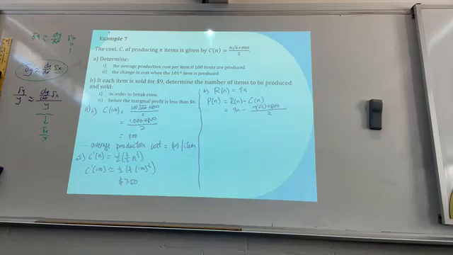The profit P(n): if you want to break even, profit is 0, correct? So you can solve it. Break-even point, that equals 0. And you can see that it could be 100 or 190.